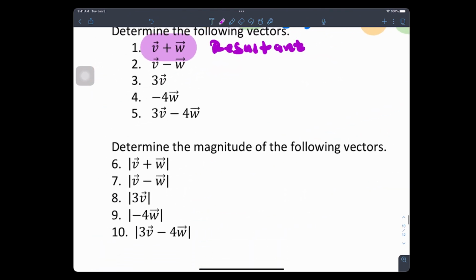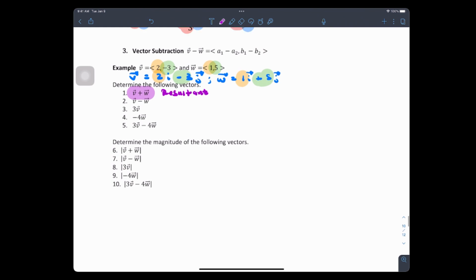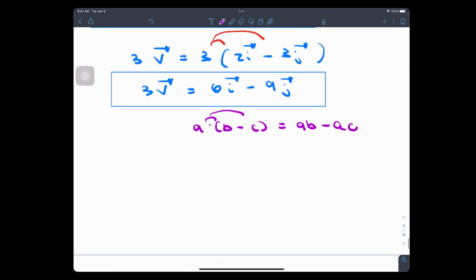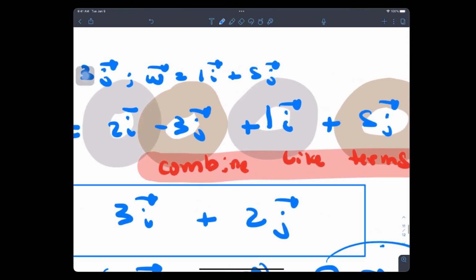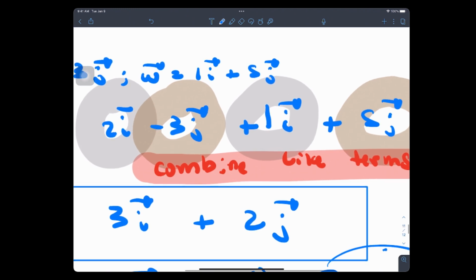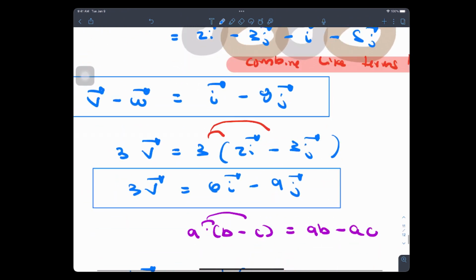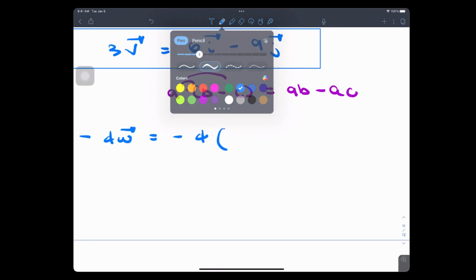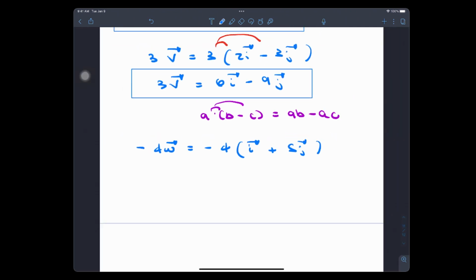Negative 4W. What is W? I plus 5J. So we can say I plus 5J.